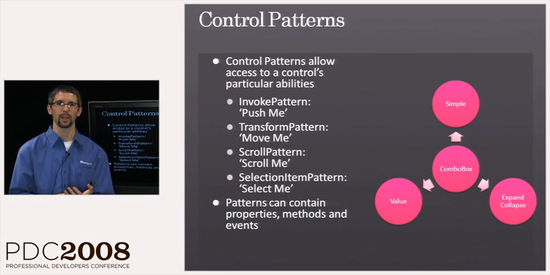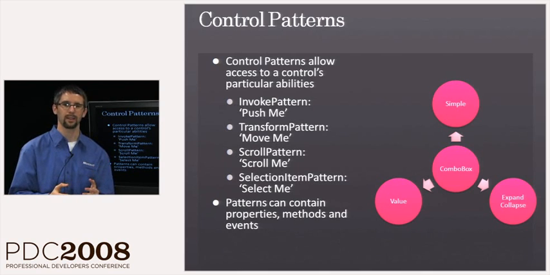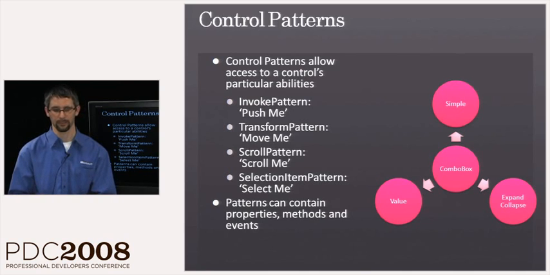You don't invoke it. You might open it, but you don't invoke it. And so you can see, if you imagined if there were a custom control that could be both expanded and invoked, then it would just expose both of those patterns. So there's a ton of flexibility here that makes it possible to create great automation experiences for each control.